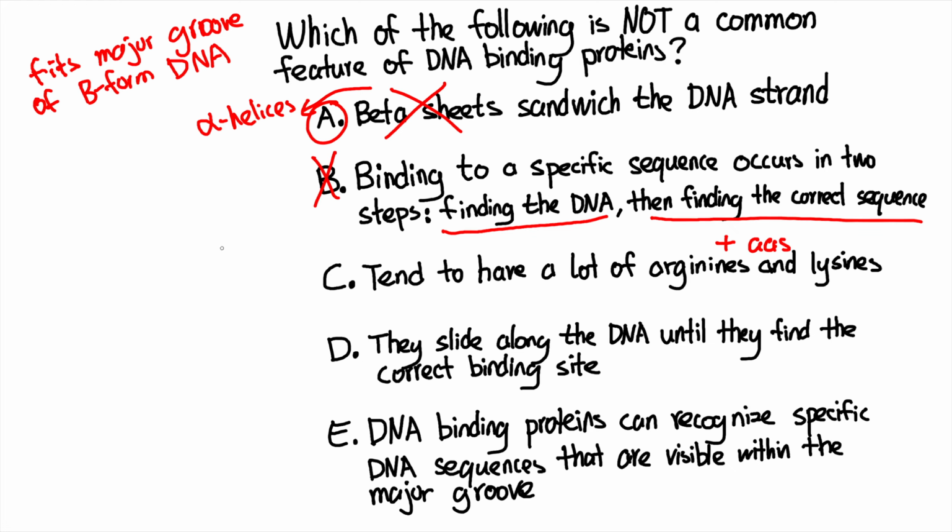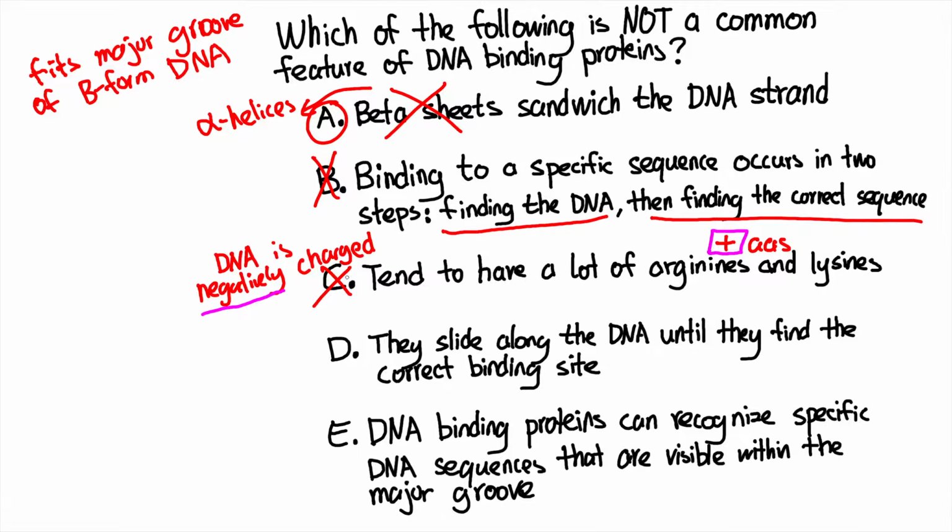So in other words, DNA is negatively charged, and that's going to pair well with the positive amino acids. So that is why the answer is not C.